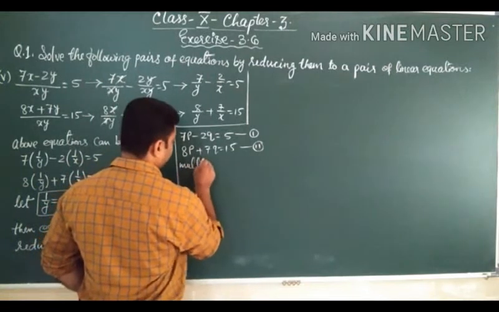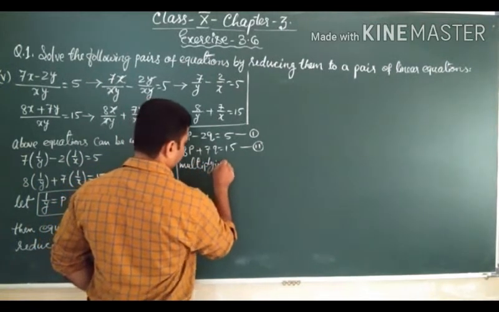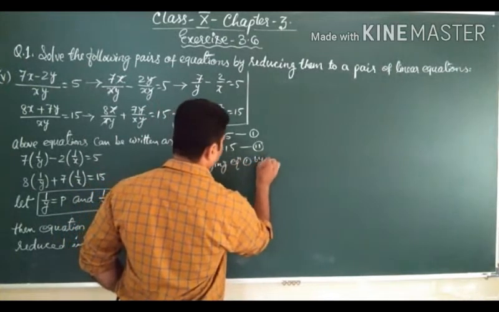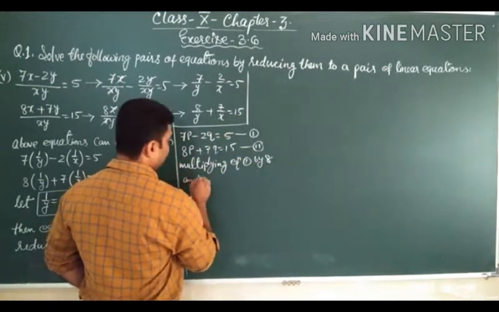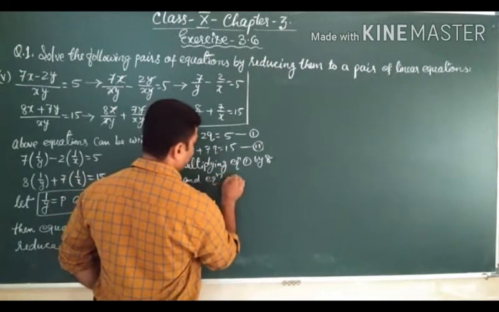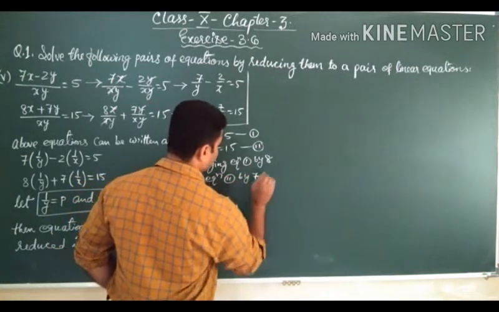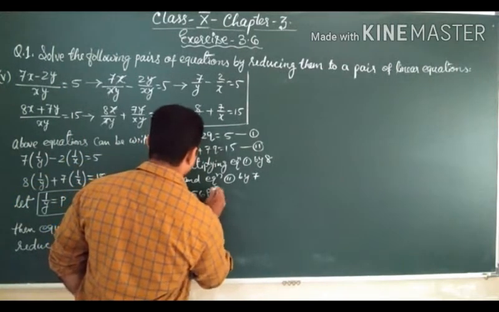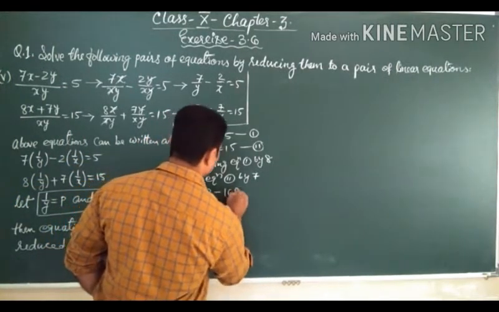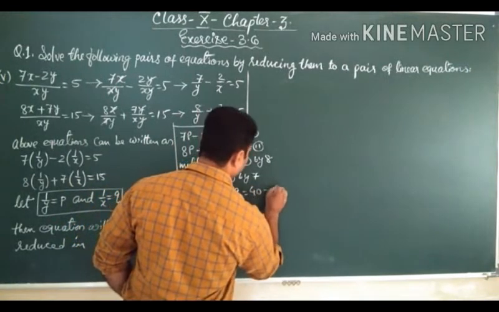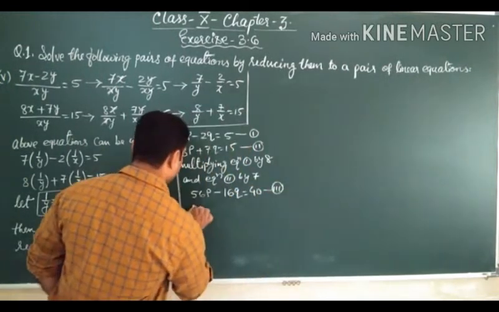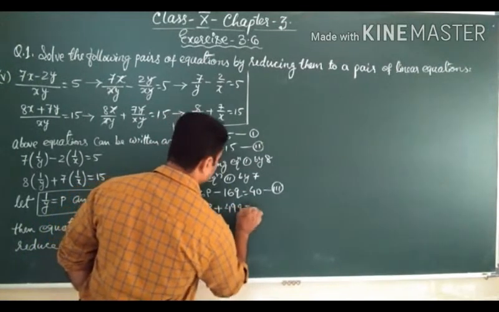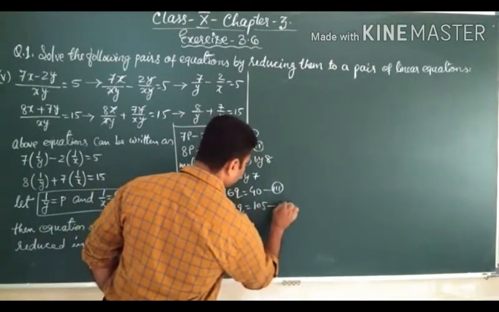Multiplying equation 1 by 8 and equation 2 by 7, we get 56p - 16q = 40, equation number 3, and 56p + 49q = 105, equation number 4.